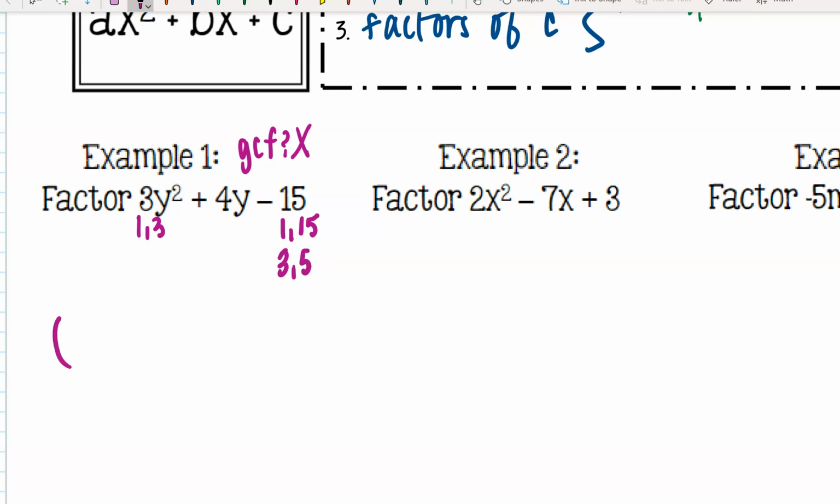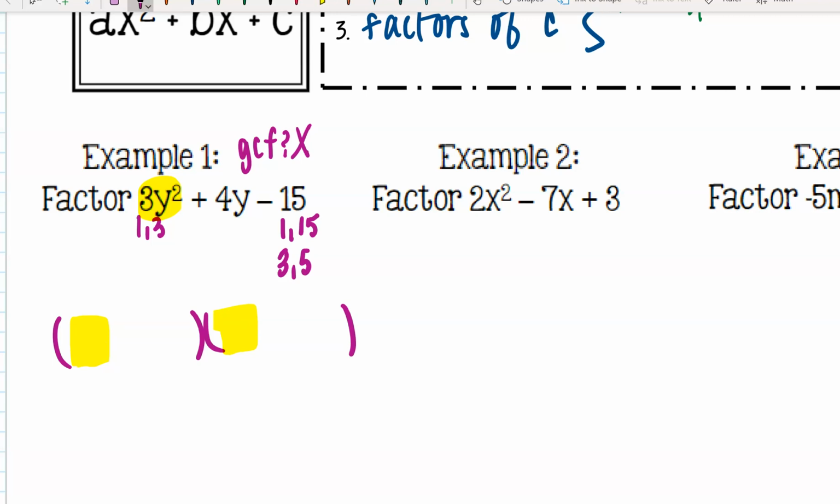So when we factor trinomials, we know we should end up with binomials. So we're going to take a look at how these can multiply together to create this trinomial and still give us a middle term that we want. First, I want to take a look at my 3y squared. We know we have two binomials, so the first two terms will give us my 3y squared.